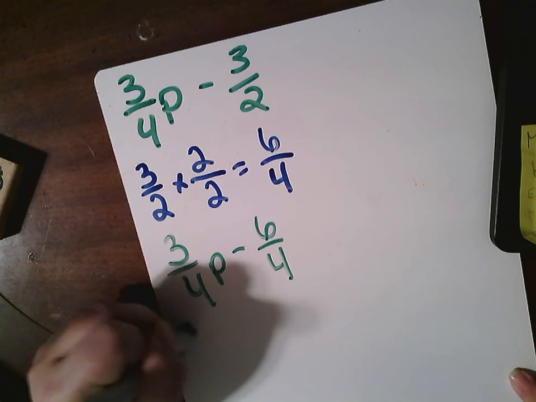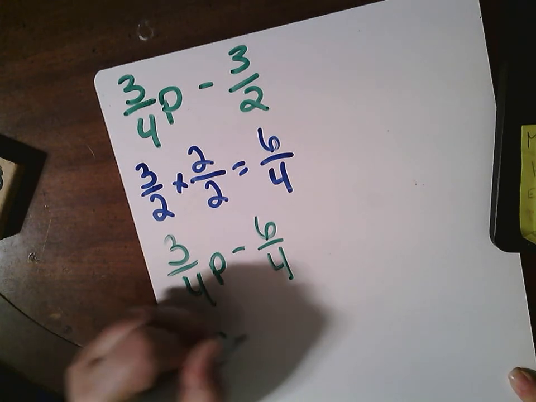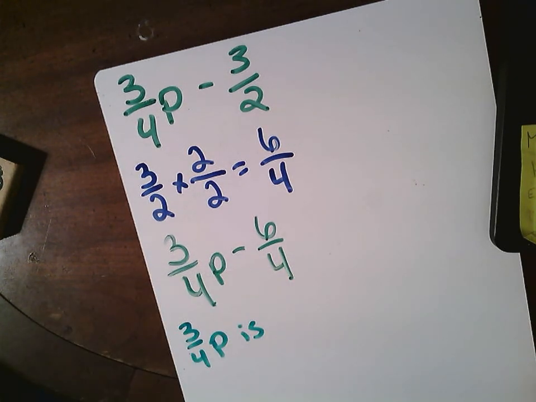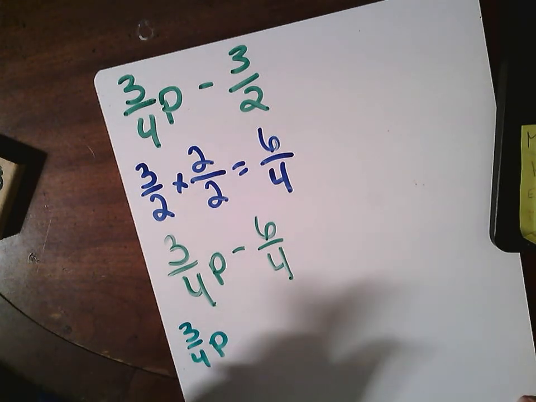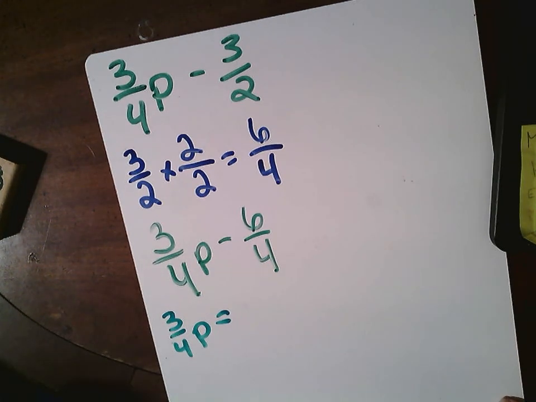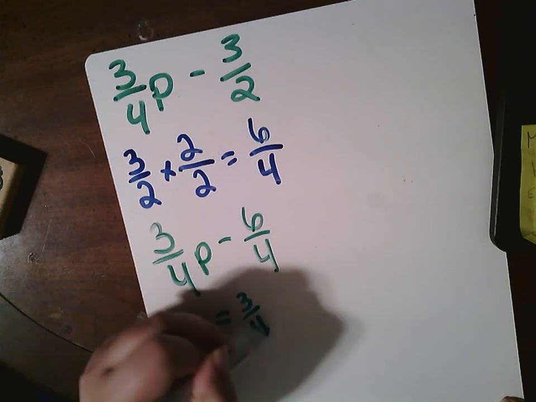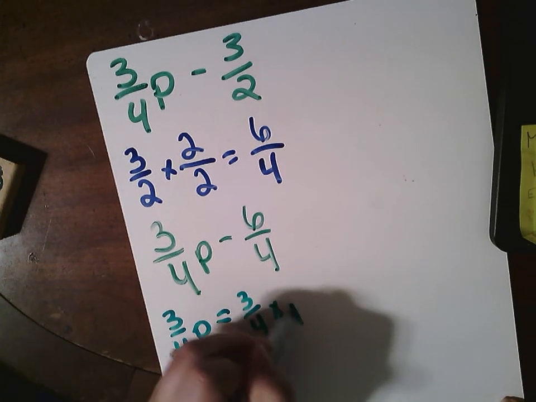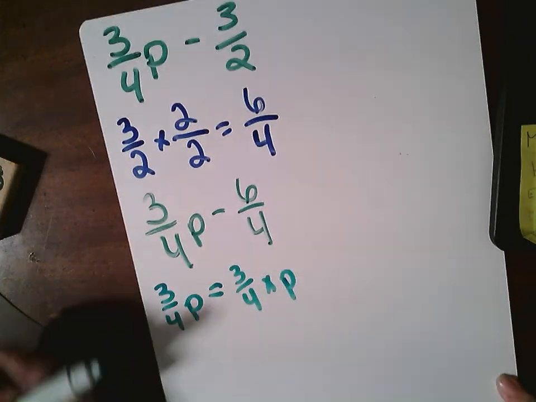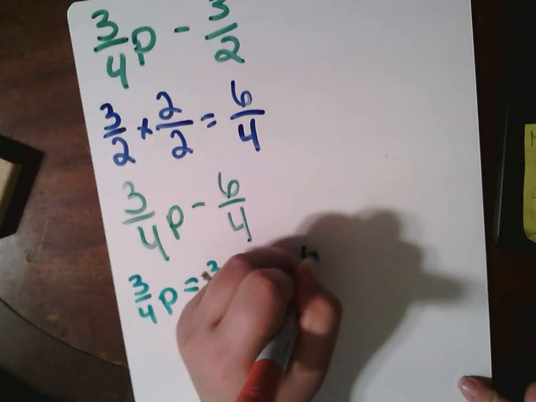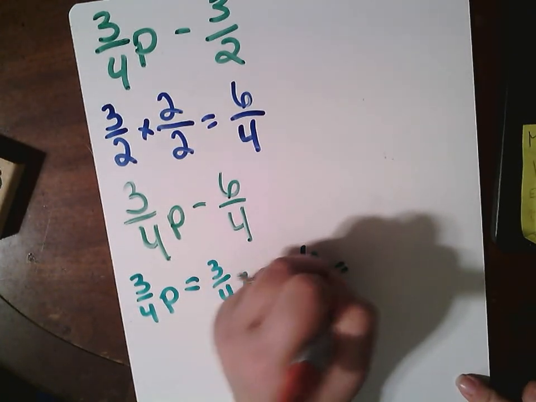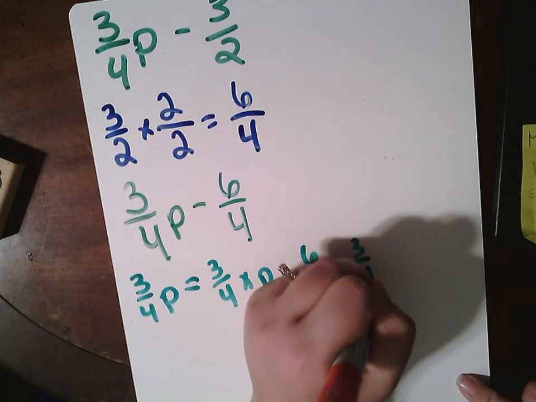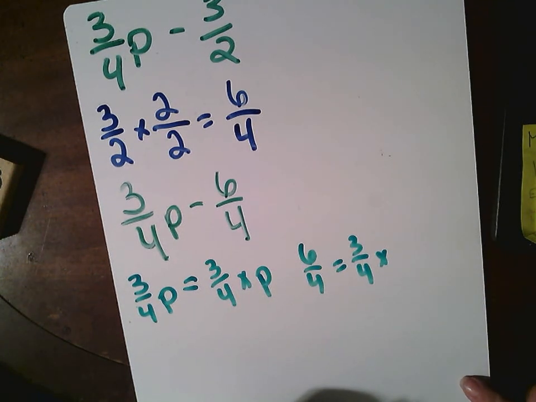Then I have 3 over 4 p is going to be equal to 3 over 4 times p. Then if I said 6 over 4 is equal to 3 over 4 times what?